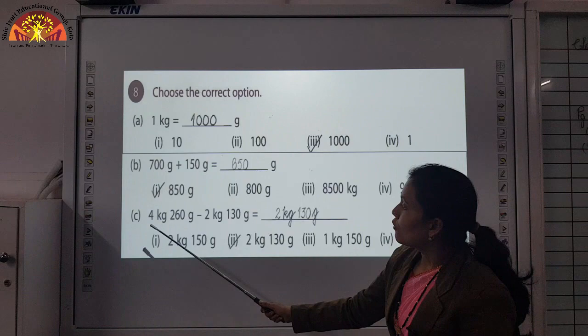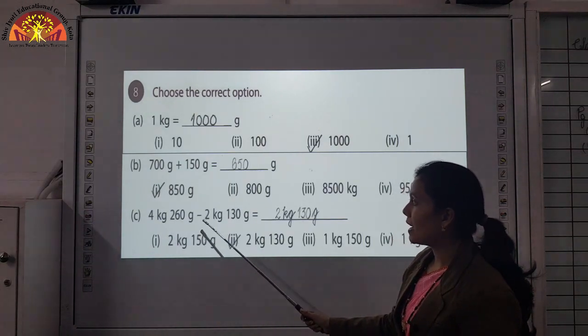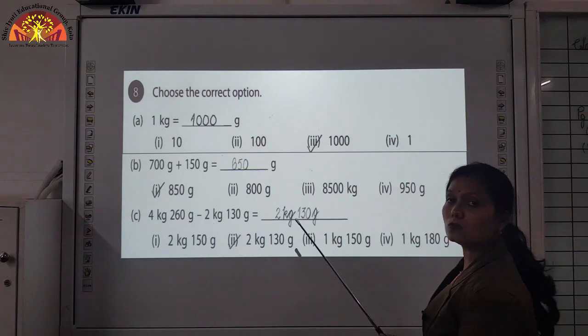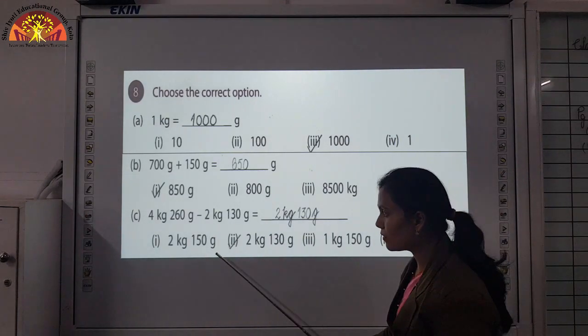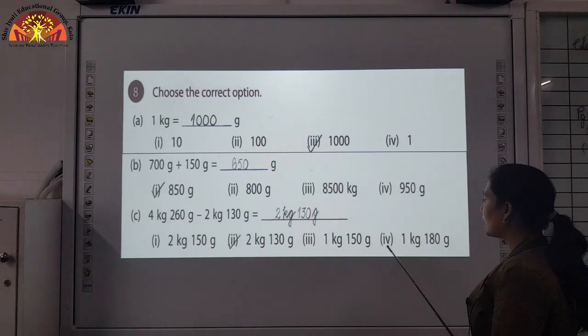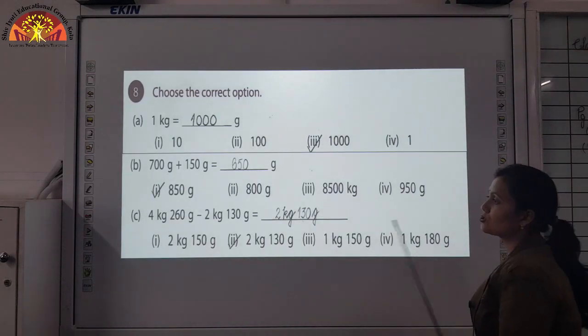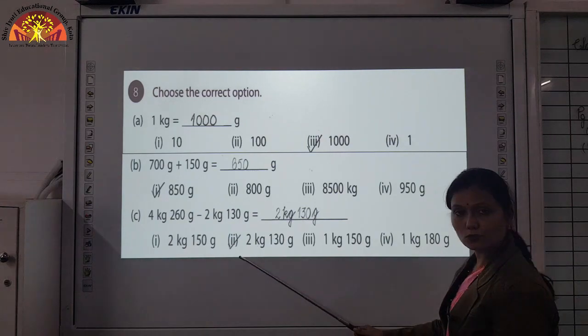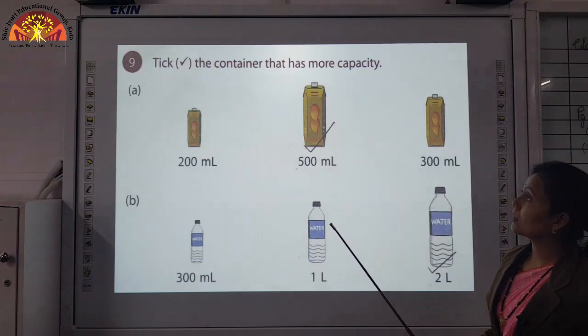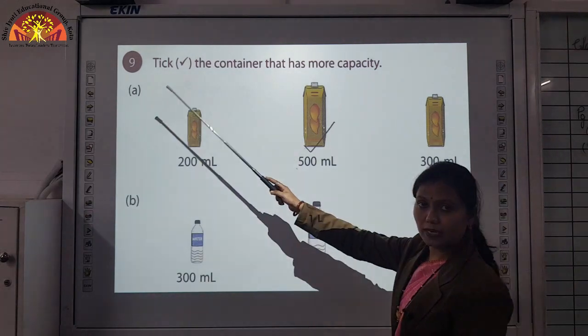Third, 4 kg 260 gram minus 2 kg 130 gram is equals to dash: 2 kg 150 gram, 2 kg 130 gram, 1 kg 150 gram, 1 kg 180 gram. So our answer is number 2, 2 kg 130 gram. Now next question 9.